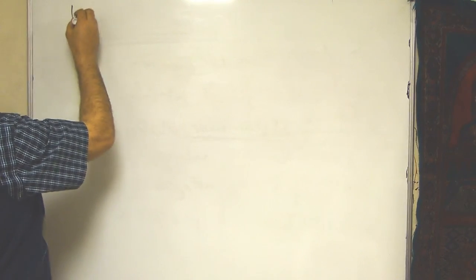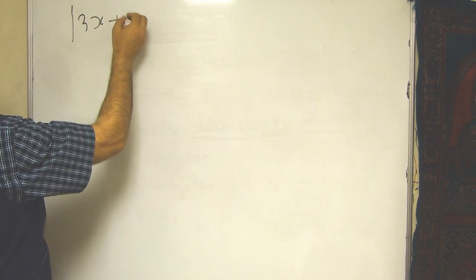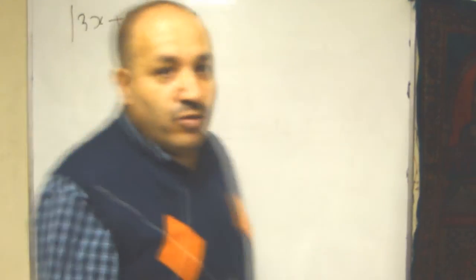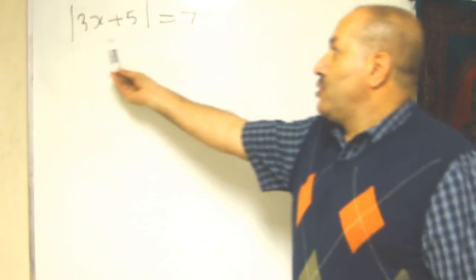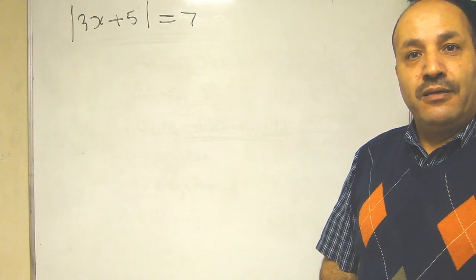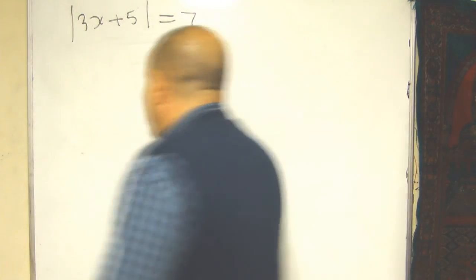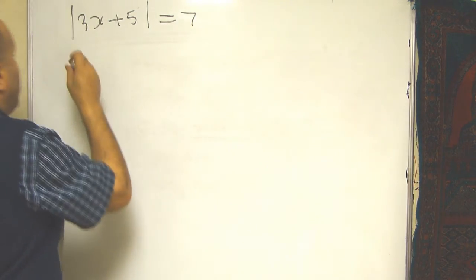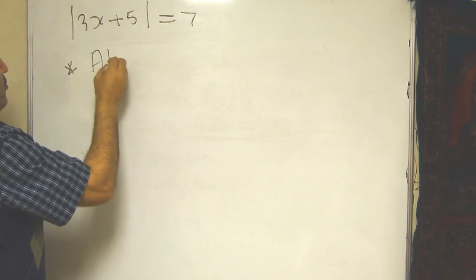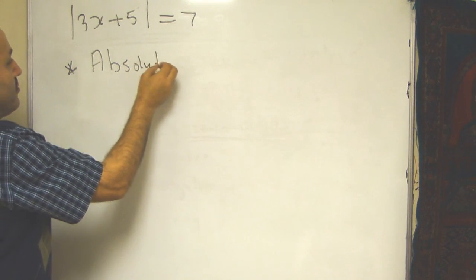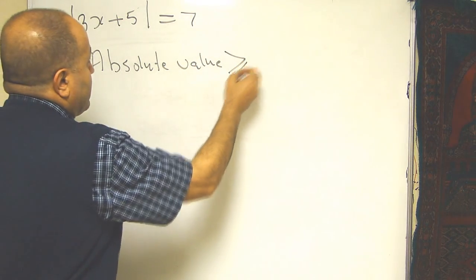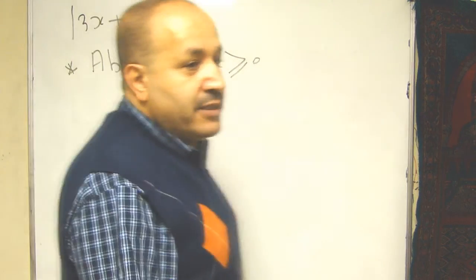The absolute value of 3x plus 5 equal to 7. Here, as you notice, the absolute value is already on one side, and we have the number on the other side. Before we go further, it is so important to keep in our minds that the absolute value is always positive, cannot be less than 0.